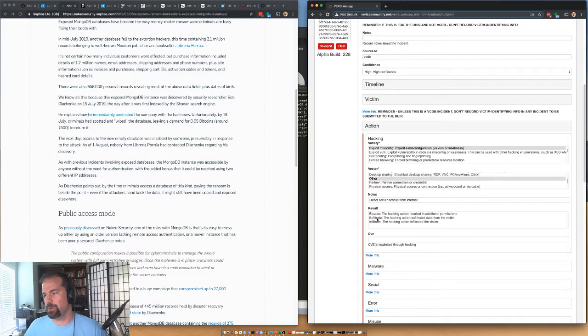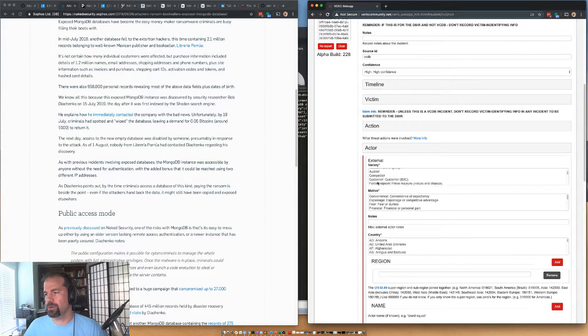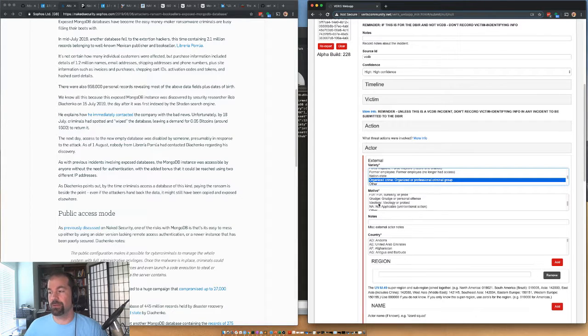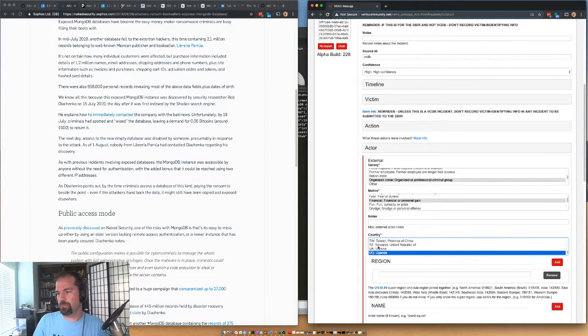This was for exfiltration, and that actor was external, someone who was doing this pretty consistently. They found it just as quickly as the security researcher did, and clearly doing it for financial gain since they asked for a ransom, but we don't know where they're located, and we rarely do.